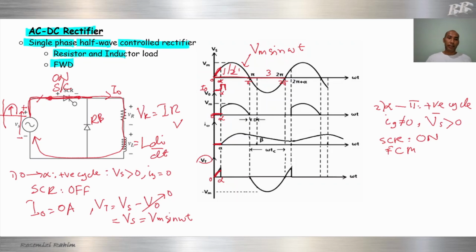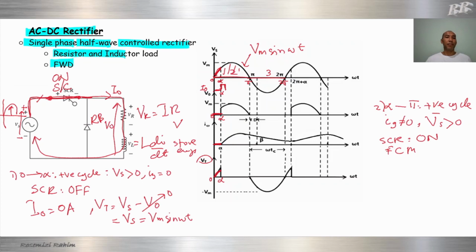So our inductor will store energy. We know that this inductor can store energy. During the positive cycle, at this time V out is here.